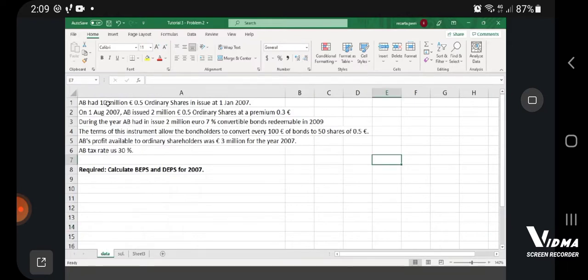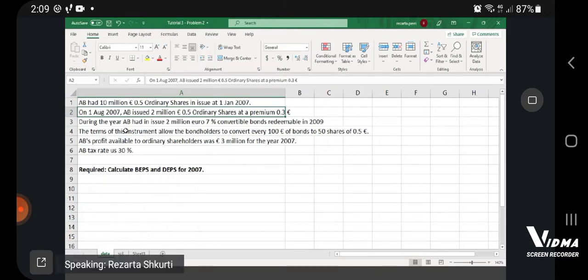We have the example of a company that had 10 million ordinary shares in issue on 1st of January. Then on 1st of August, that means after 7 months, the company issued 2 million ordinary shares at a premium. During the year, the company had also issued 2 million euro, 7% convertible bonds redeemable in 2009.